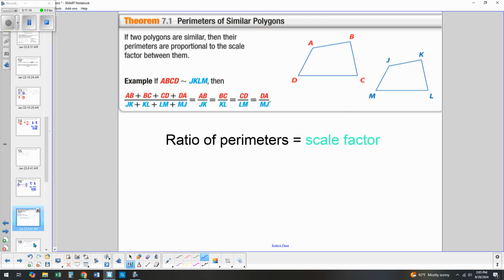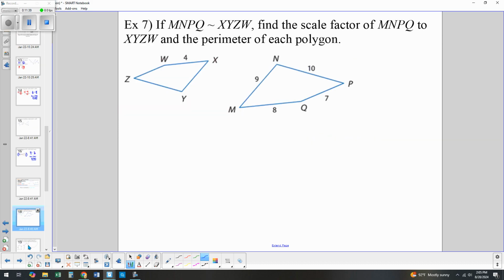This is by far the easiest thing to help us find the perimeter, and it is often the most forgotten thing to do. We just revert back to finding every side and trying to add them up, but I will tell you that is not beneficial because sometimes the sides don't come out to be really nice numbers, and then you're rounding, and your answer is going to be different than what it should have been if you used this theorem, property, whatever you want to call it.